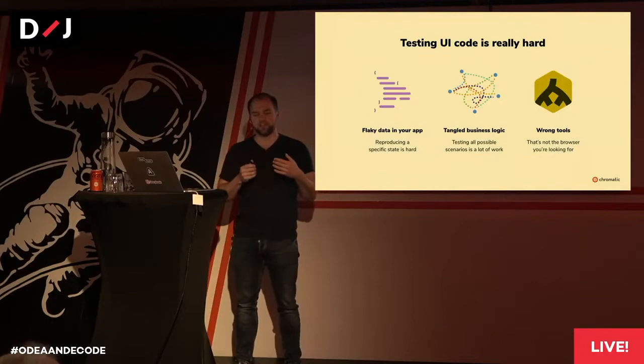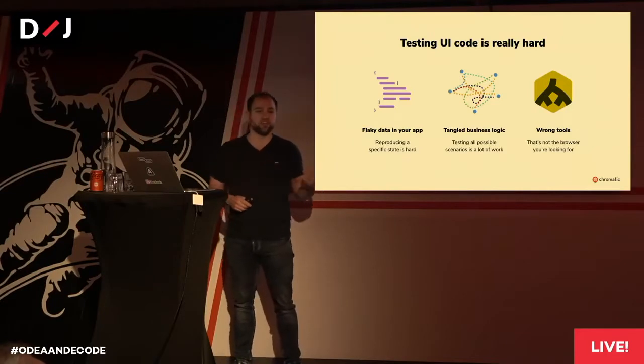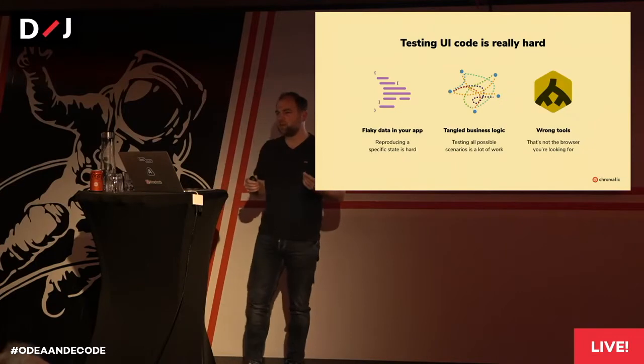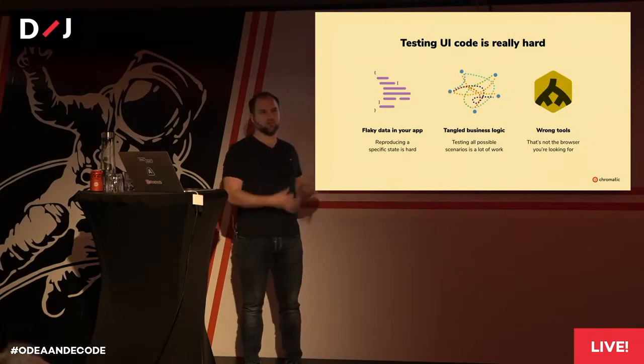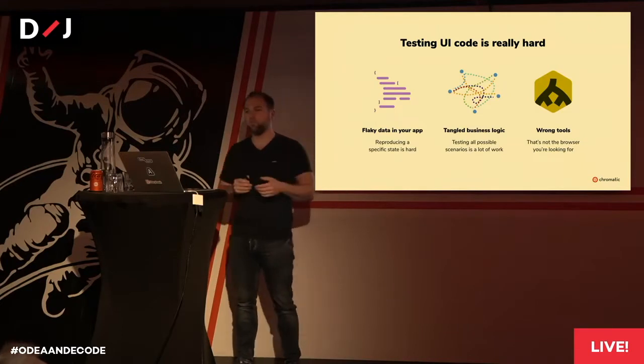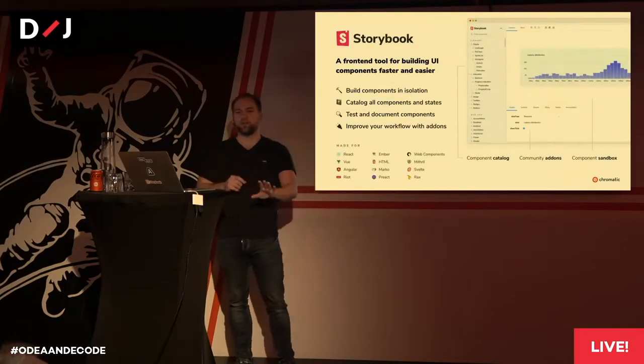But it's kind of weird that the status quo of testing user interface components is actually to test them in Node.js with JSDOM, which isn't actually a real browser, which is kind of weird because your user interface components will end up running in the browser or on mobile, but that's a different story. So that's where Storybook comes in.